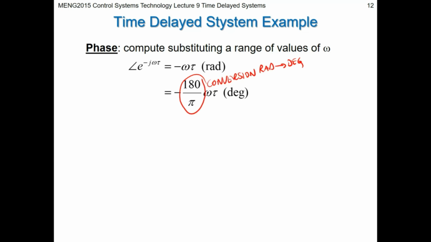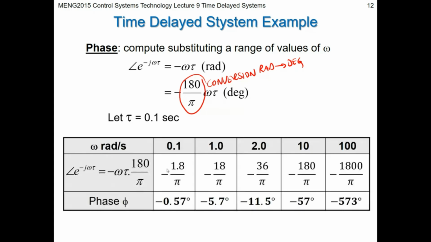That means we could plot it now, and we can see what the impact of this term is. We have to know what our lag is. If we say it's 0.1 seconds, for instance, in this example, then just as we've plotted different elements in our Bode plot tables, we could do the same thing again. Our term is this. We're taking the angle.